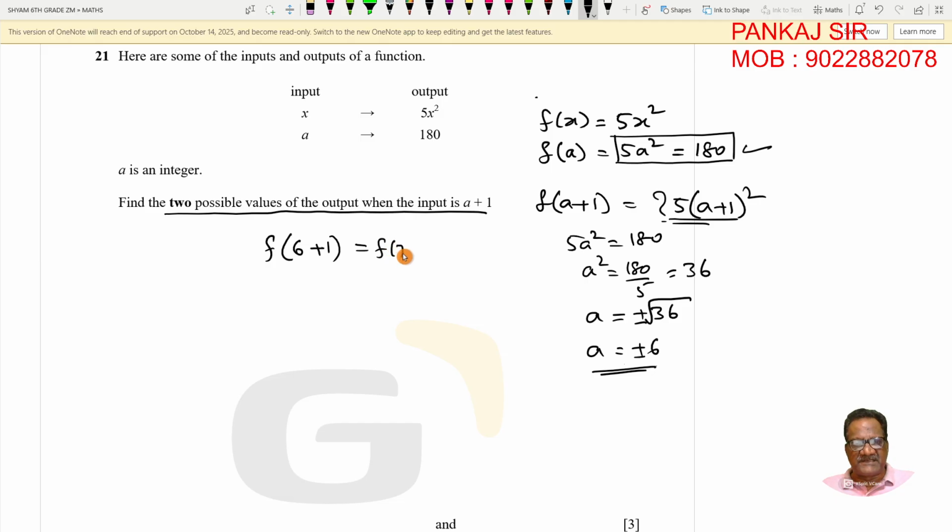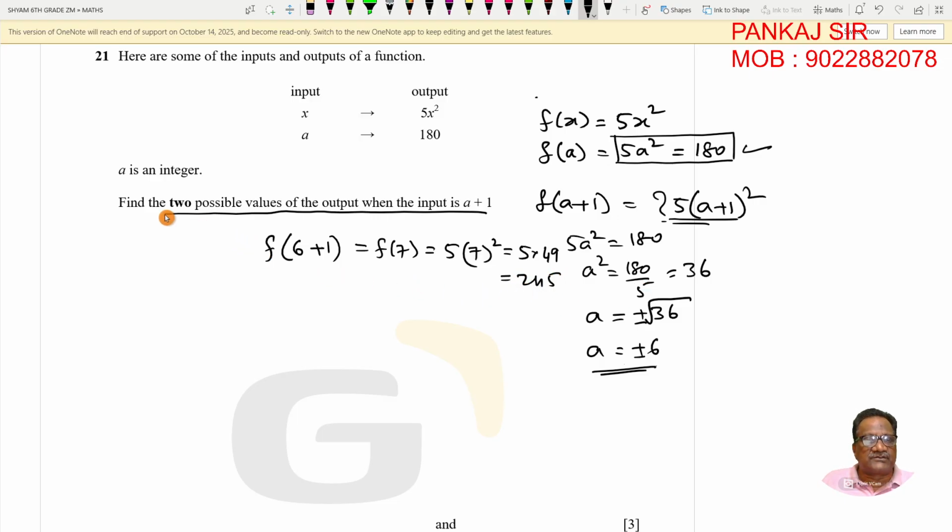That is f of 7. Now this value should be how much? It should be 5 times 7 square. Okay. So it will be 5 times 7 square is 5 times 49. Right? And this should work out to how much? Let me check. So 49 into 5 is working out to 245.